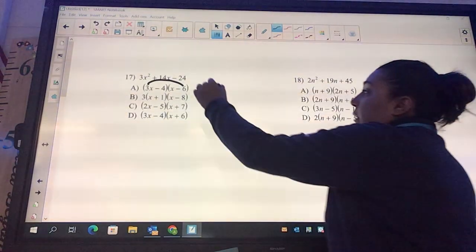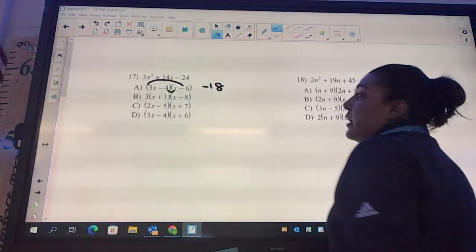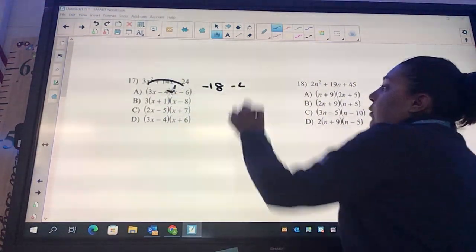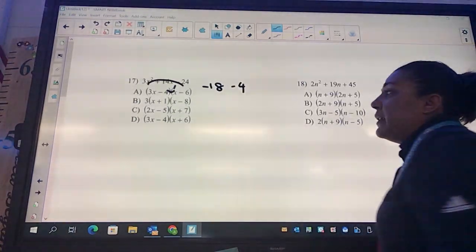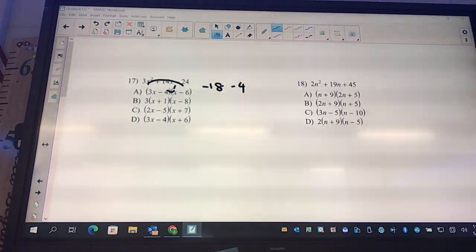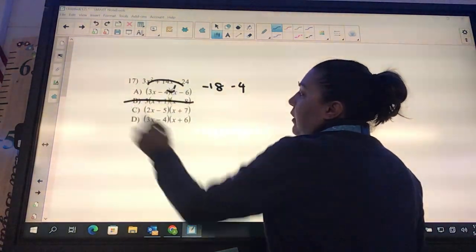Negative 18. Check the inner. Negative 4 times, there's really a 1 right here. Negative 4x. Would a negative 18 and a negative 4 give you a positive 14? No. Does this ever look like one of ours? No. Cross that one off.